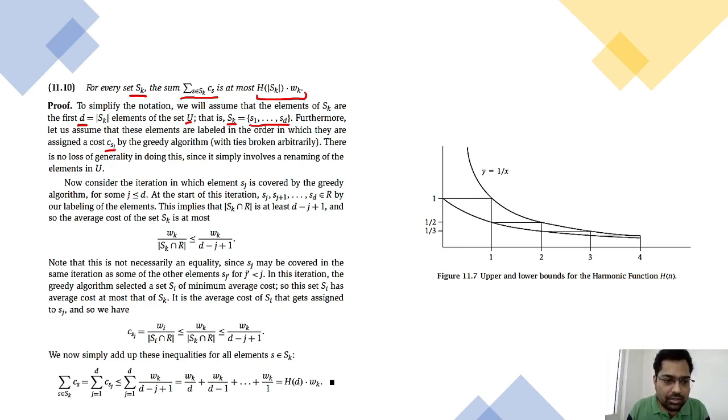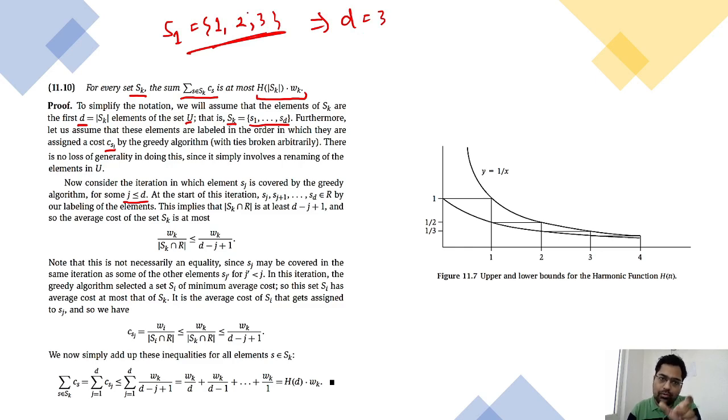Okay, next, certain elements up to j we have, but we don't have the d value with it, and the d value we have to focus on. As I have told you, s1 is 1 2 3. Suppose the d value here is 3. In this case, suppose I want to focus up to a d value, like up to this one.